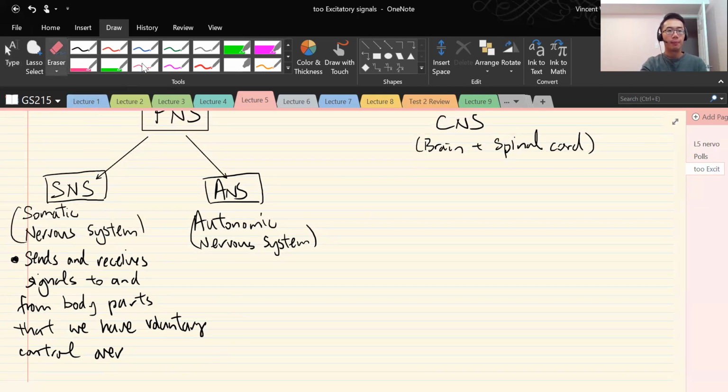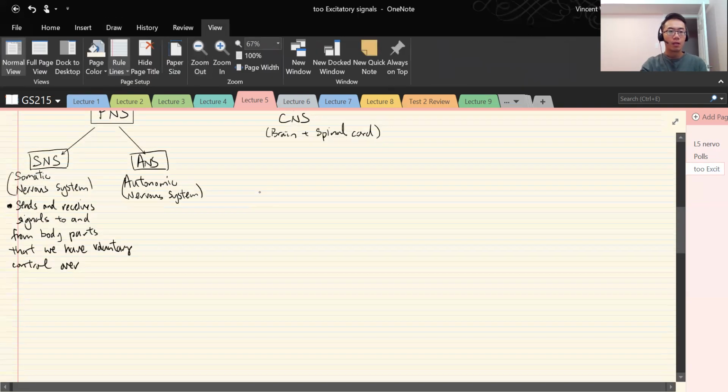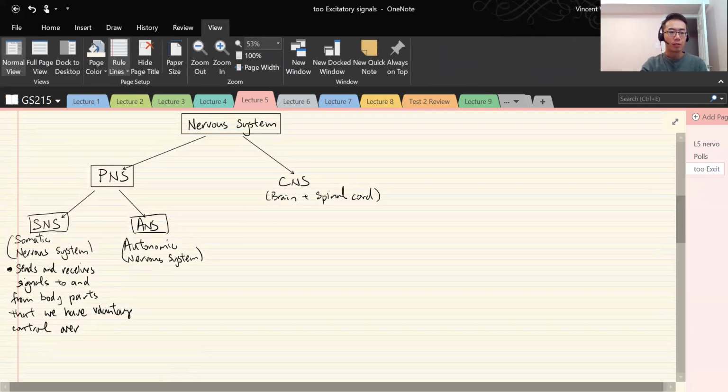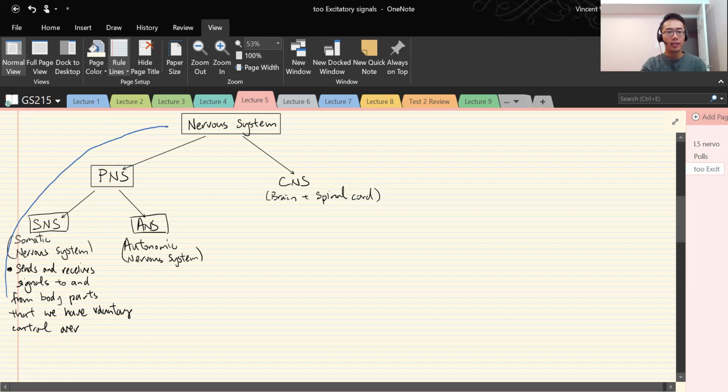So the sensory part, we used blue before. So let me try to map this out for you. Like you touch the candle, then the information is going to go all the way to your CNS. So this is the afferent pathway, which is sensory.